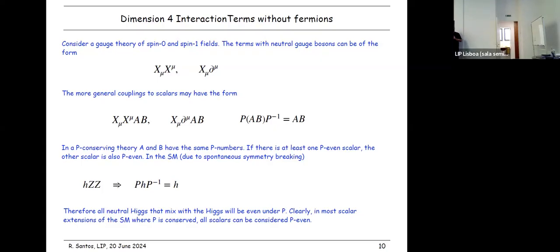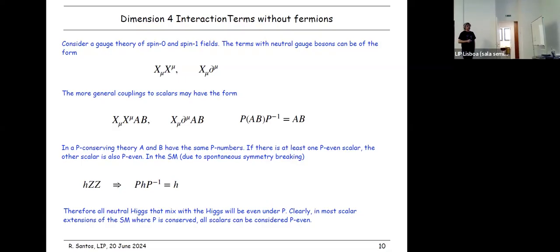Mass dimension 4 terms. What is the dimension of the operators? The spin 1 and spin 0 particles all have mass dimension 1. How do you know that?